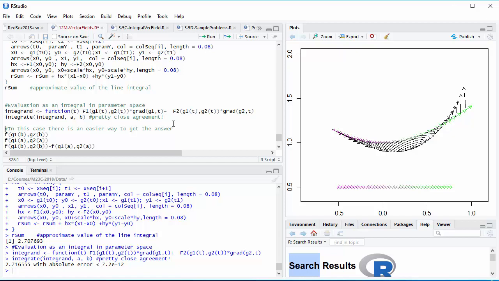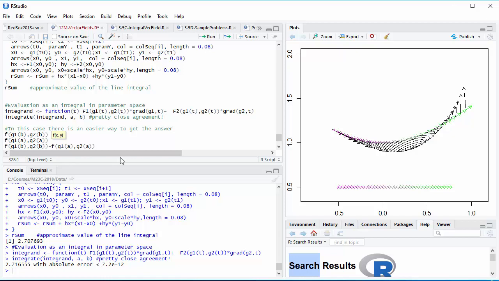But in this case, there's a much easier way to get the answer, because if I integrate the gradient of a field along any path, all I get is the change in the value of the function whose gradient I've taken. So if I evaluate my original function, little f, at the endpoint, that's g1 and g2, evaluated on the endpoint b in parameter space, and then I compute the same thing evaluated at my start point in parameter space, and I take the difference.